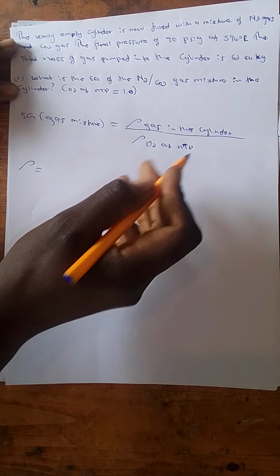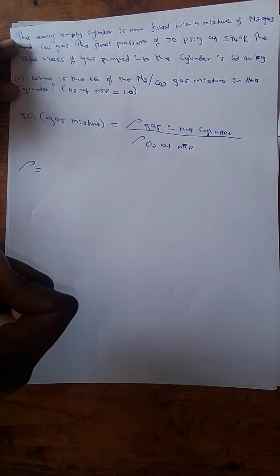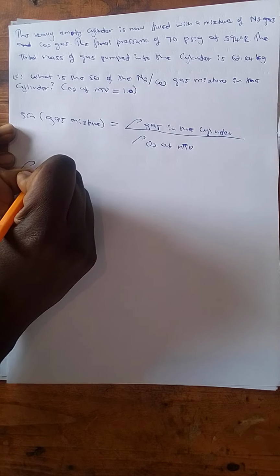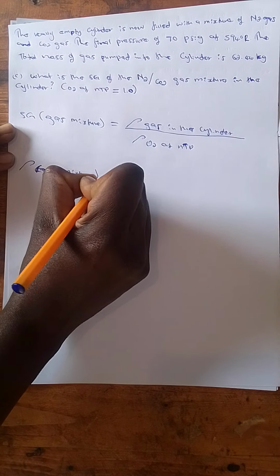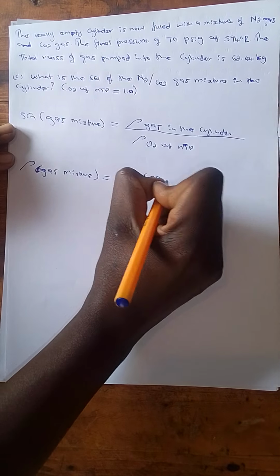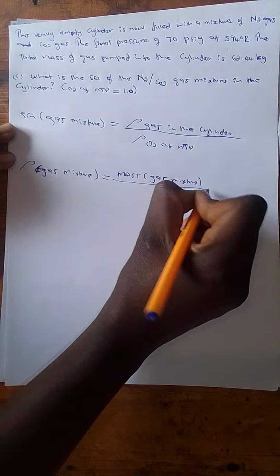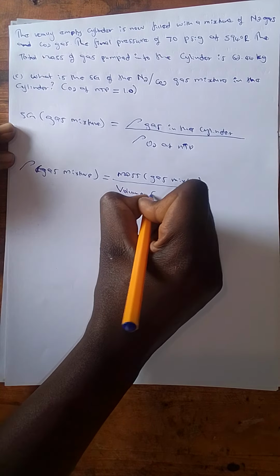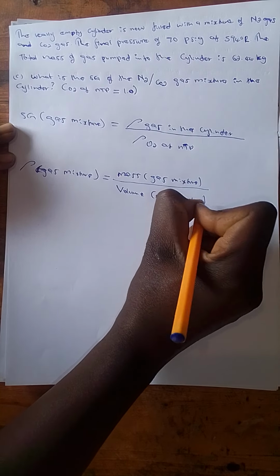There are a couple of ways of calculating the density of the gas mixture, but an easier way would be the density of the gas mixture is equal to the mass of the gas mixture all over the volume of the gas mixture, right?